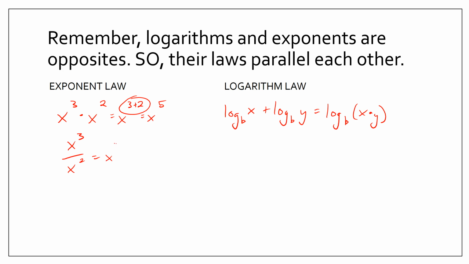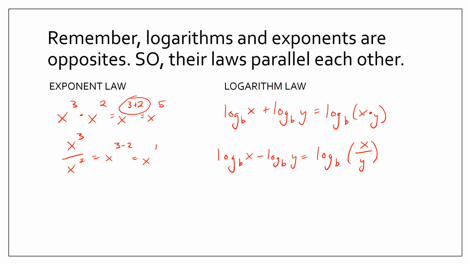Well, then you would know to subtract the exponents. I'd get just x to the 1. Similarly, with logarithms, if I have two logarithms of the same base that are subtracting each other, then their insides are going to divide. And that should make a lot of sense. If they're adding each other, obviously they're going to multiply. Likewise, in a reverse manner, if the two logarithms are subtracting, their insides are going to divide.